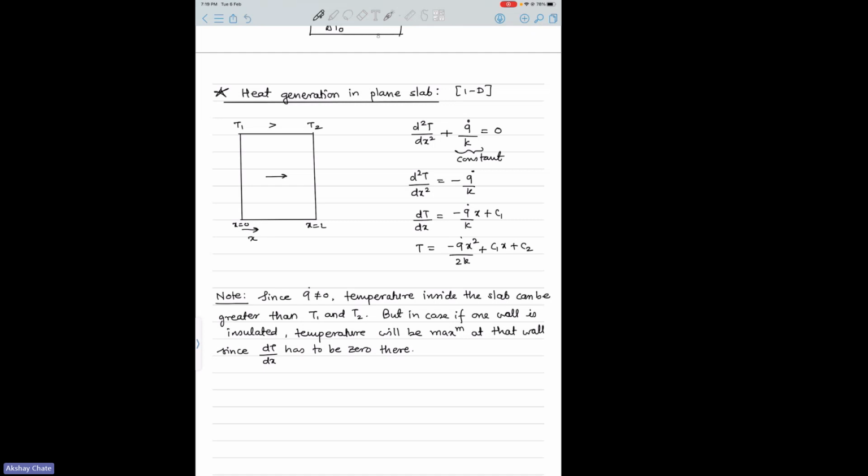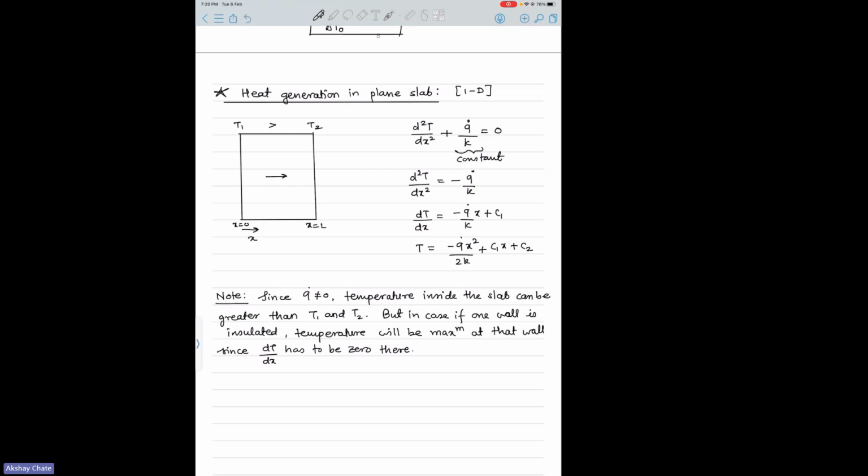Let me just confirm if any other thing is to be said here. As far as I remember, that is the case. If we take this problem and assume that at x equal to 0 we insulated, then dT/dx is 0 at x equal to 0. That means C1 is 0.